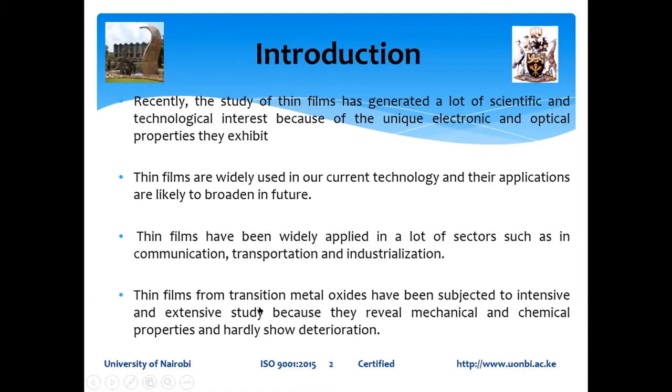Thin films from transition metal oxides, such as titanium dioxide, zinc oxide, and copper 2 oxide, have been the center of research for quite some time. This is because these metal oxides show good mechanical and chemical properties, and they also hardly deteriorate.